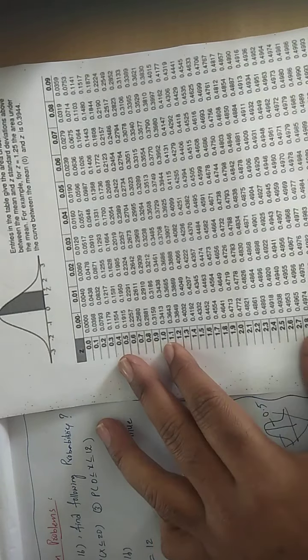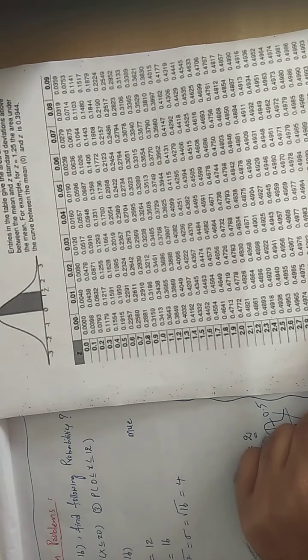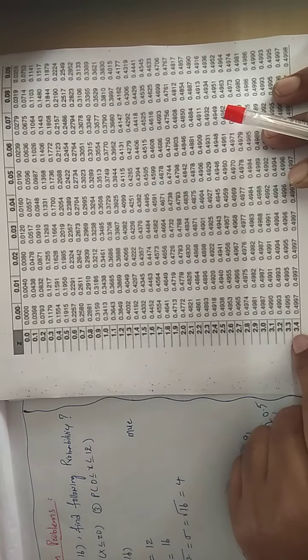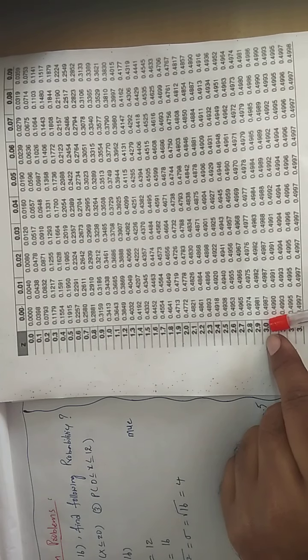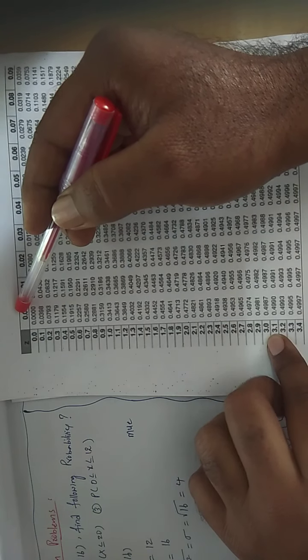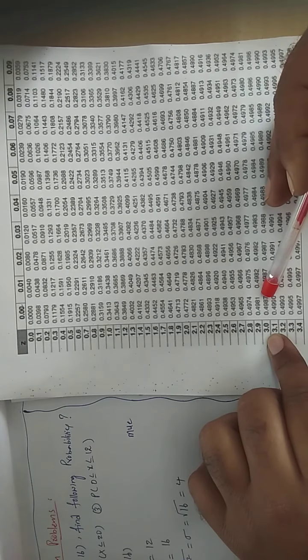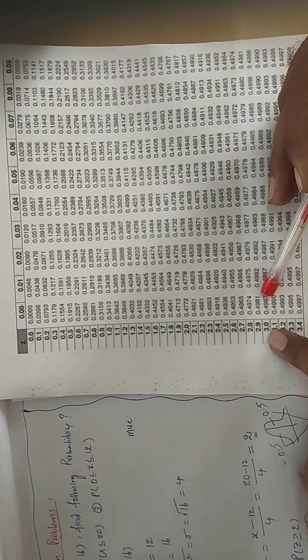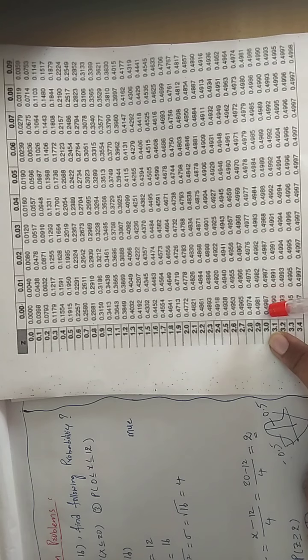Now from the table, okay. So what is the higher limit? 3. 3.0 means 3. The lower limit is 0.00 means 0. What is the corresponding value? 0.4987. So what is the probability? 0.4987.